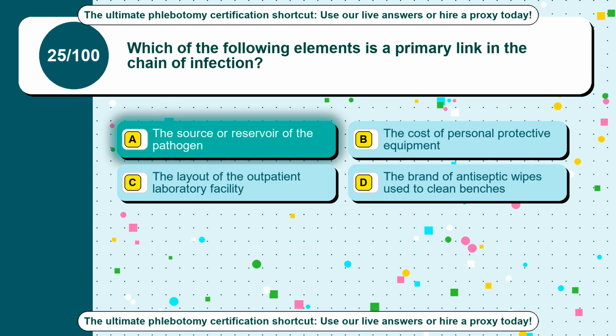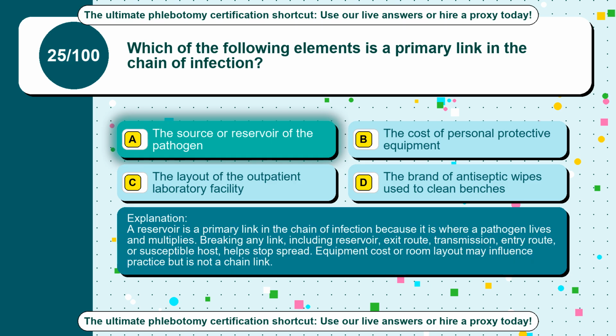The correct answer is option A. The source or reservoir of the pathogen. A reservoir is a primary link in the chain of infection because it is where a pathogen lives and multiplies. Breaking any link, including reservoir, exit route, transmission, entry route, or susceptible host, helps stop spread. Equipment cost or room layout may influence practice but is not a chain link.